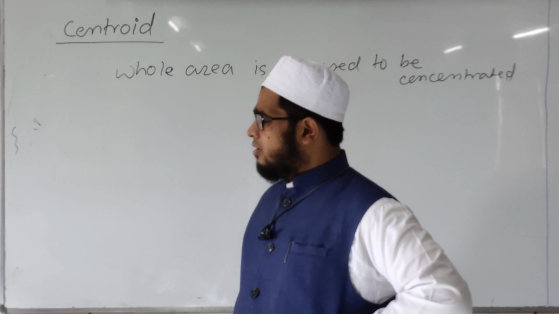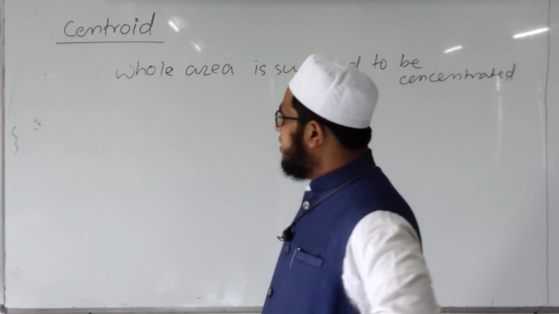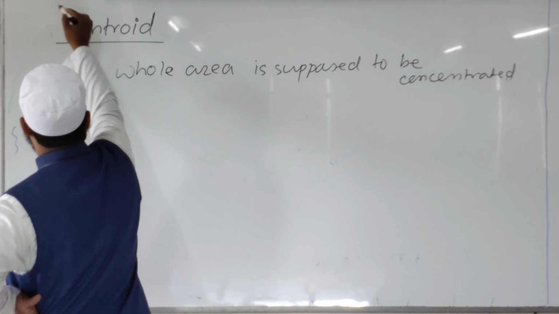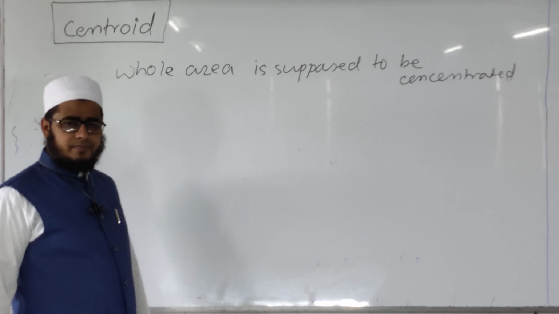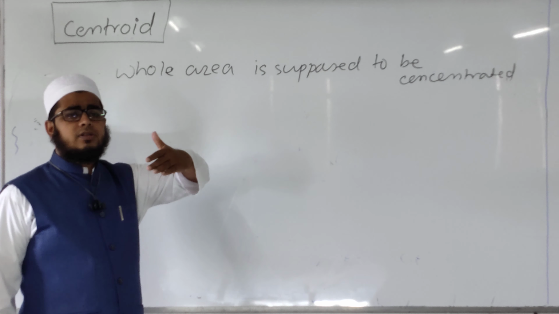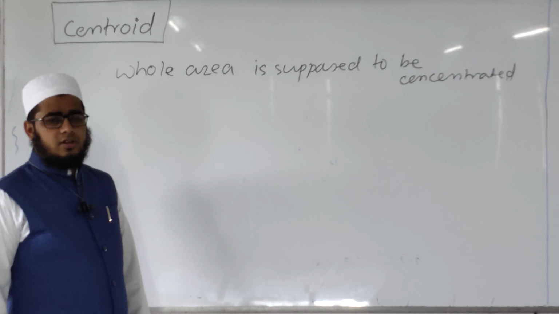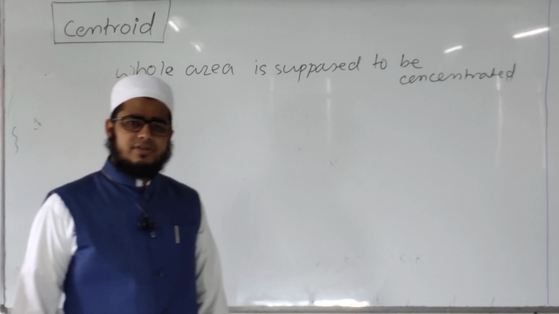In general, the centroid is the point of geometric center. It means the centroid will lie on the geometric center of the figure. In standard figures, we know what the geometric center is.